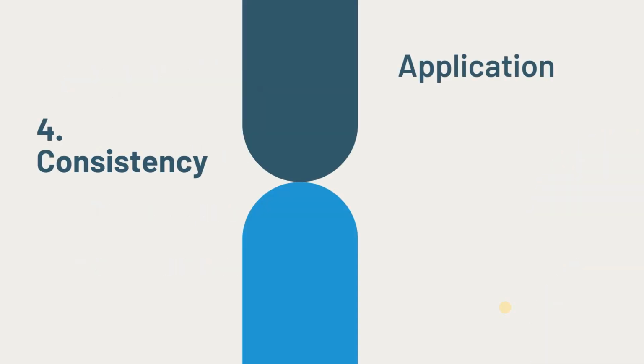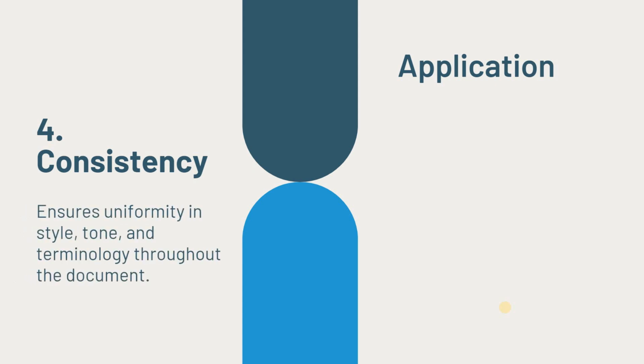C number 4 is consistency. This is basically uniformity in style, tone, and terminology throughout the document. And how you can apply it is through style guides specific to your organization or industry. This is a guideline on formatting, tone, and terminology that has been provided to you by the organization.